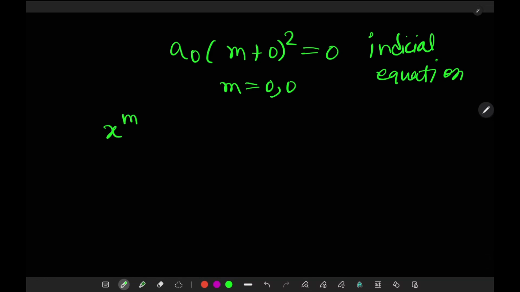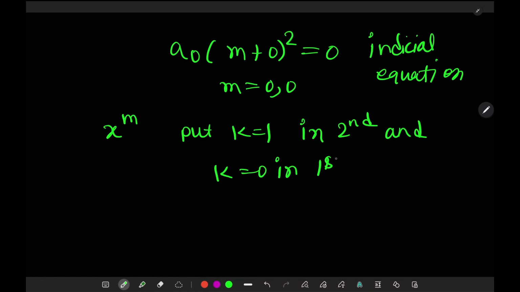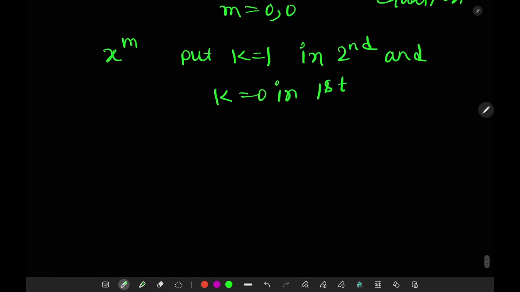Now we need to put k equal to 1 for the coefficient of x raised to power m in the second summation and k equal to 0 in the first summation, because this is a higher power.